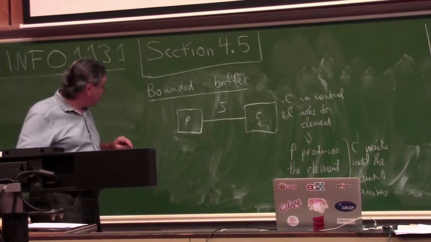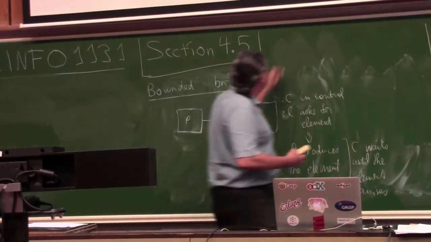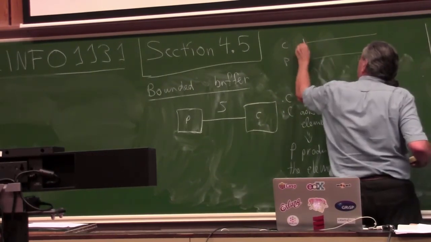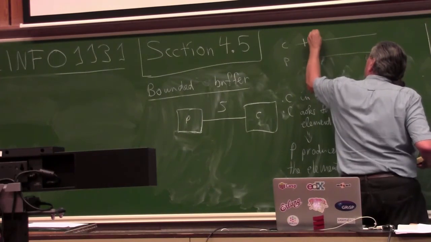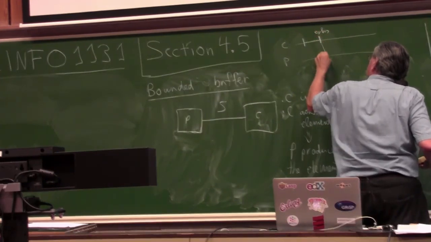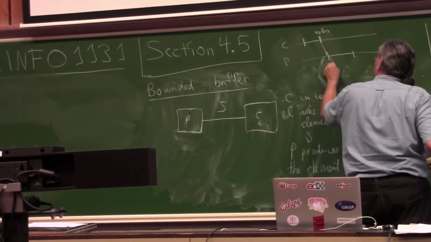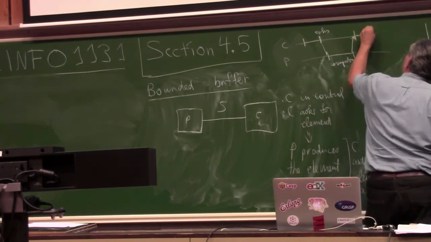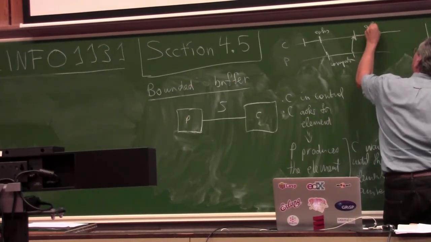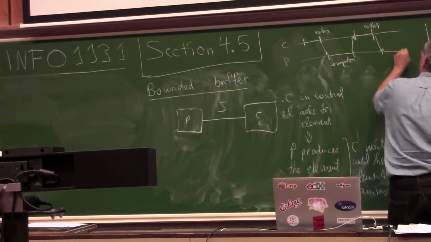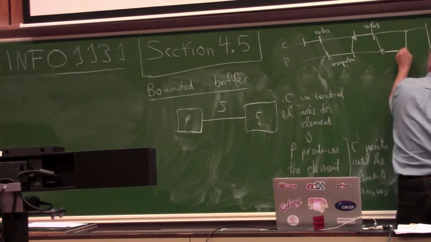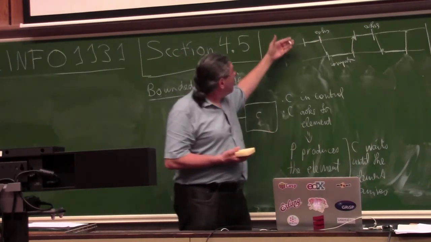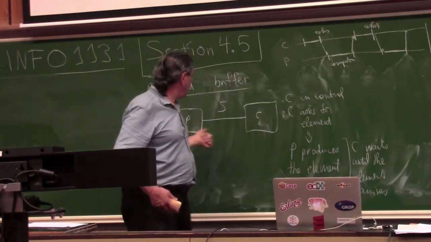So if I look at the execution now of this example, I have C and P, and when they do work, C is doing something, it asks for an element, and then P will compute the element, and when the element exists, it goes back to C. C does some work, it asks for another element, and P will compute the element, and go back to C. So you can see the execution is kind of going in alternation between the two.